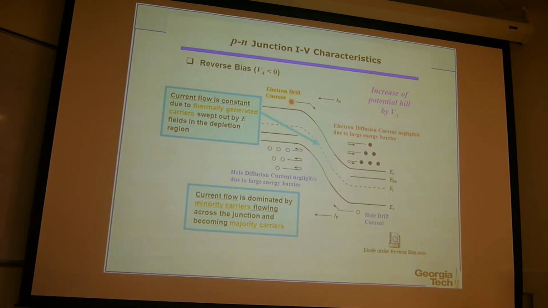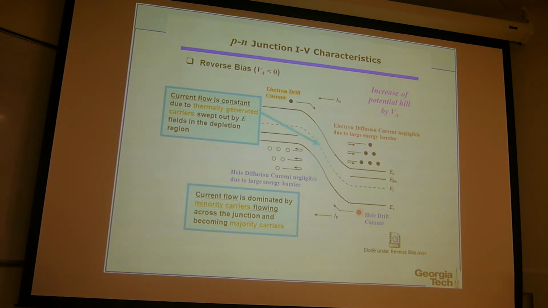This electron density is determined by the doping of this p-type, where they are minority carriers. And no matter how large the negative voltage is, the reverse current will not increase. That's why you see the saturation current I0 in that IV relationship.